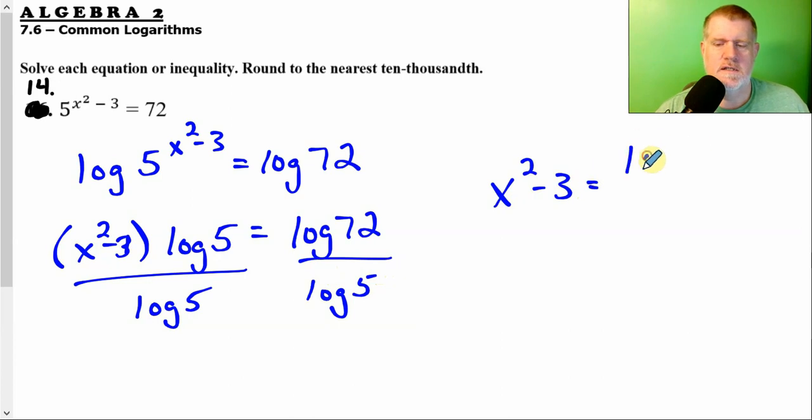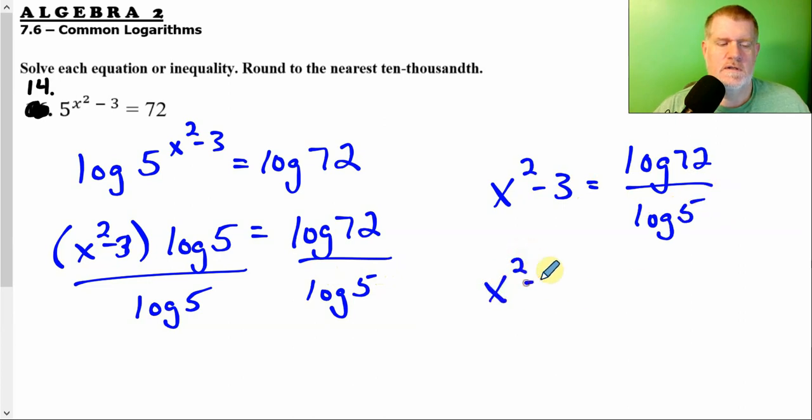is the log of 72 divided by the log of 5. So the log of 72 divided by the log of 5 is approximately 2.6572.